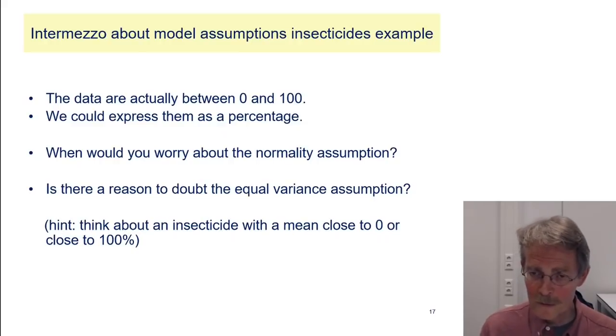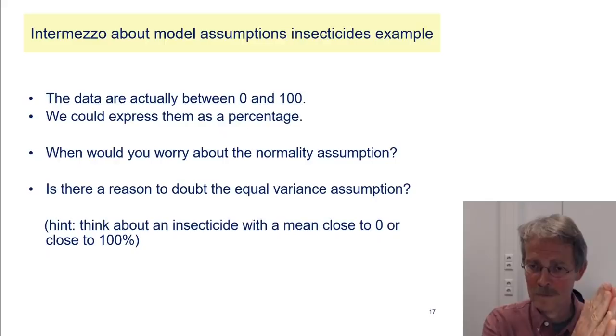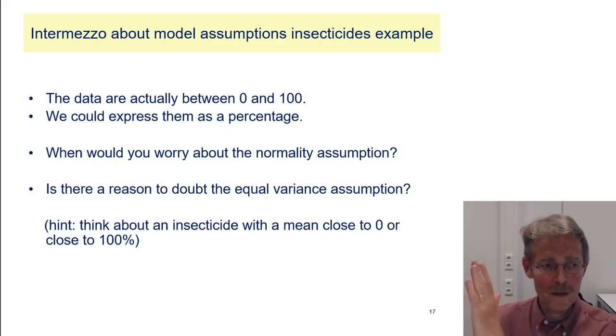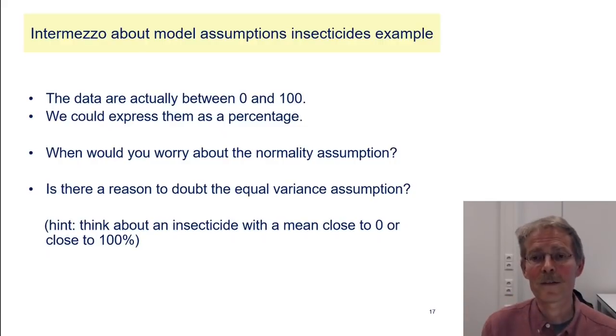A bigger worry is actually the equivariance assumption, because if you approach 0, you hit the lower bound. So variation has to become smaller. If you hit the upper bound, 100%, variation has to become smaller as well. But in the middle, around 50%, you have a lot of arm length. A lot of variation remains.